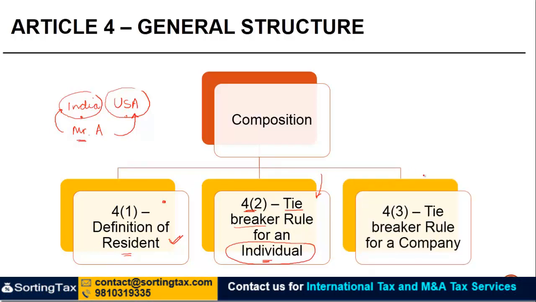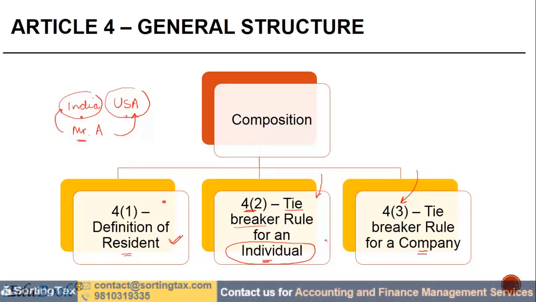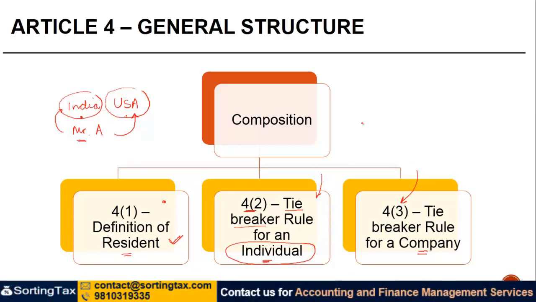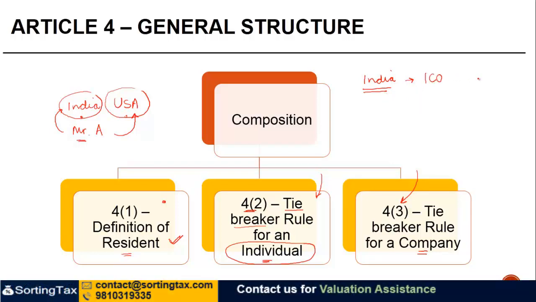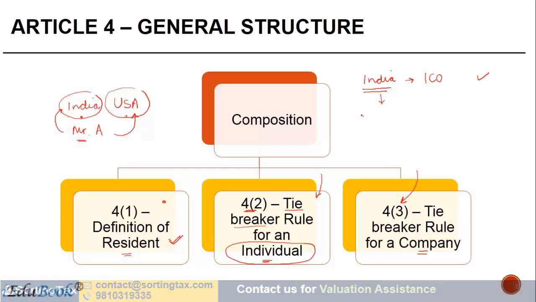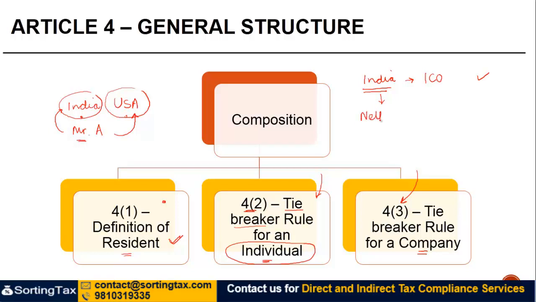Article 4(3) similarly contains the tiebreaker rule for a company. Now, what can happen is, if you remember, in India, an Indian company is always considered a tax resident of India, which means that an Indian company is always going to be a tax resident of India. Think of a situation where the management of this company is entirely based out of, let's say, Netherlands, right?